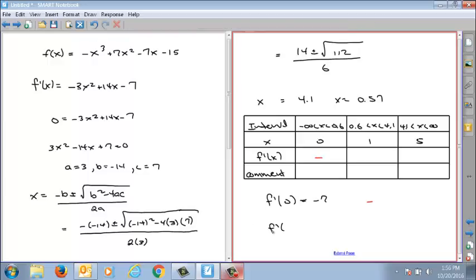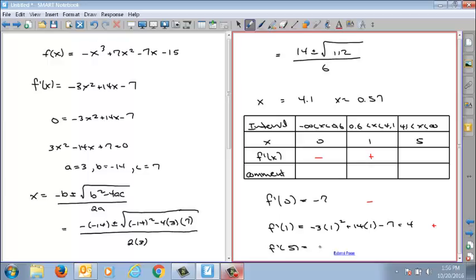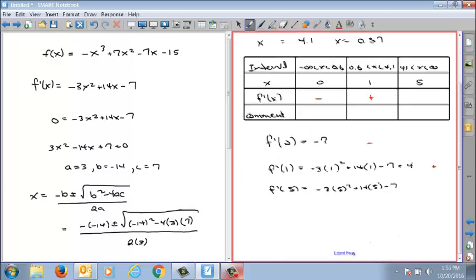We do f prime of 1, which is -3 times 1 squared plus 14 times 1 minus 7. So we'll get -7 minus 3 is -10, plus 14 is +4. So that's positive. And then finally, f prime of 5 is -3 times 5 squared plus 14 times 5 minus 7.